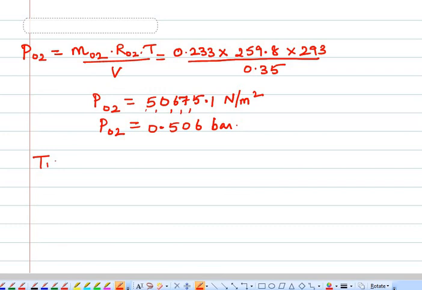Now the total pressure is asked. The total pressure is equal to the partial pressure of nitrogen plus partial pressure of carbon monoxide plus partial pressure of oxygen.